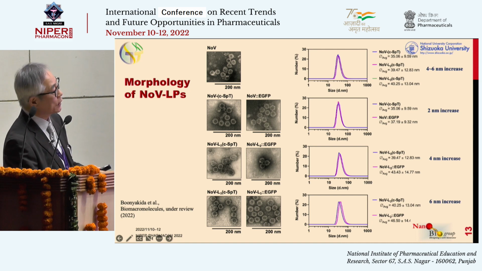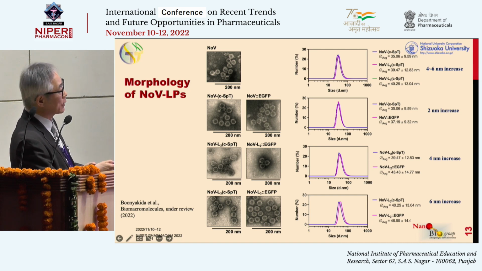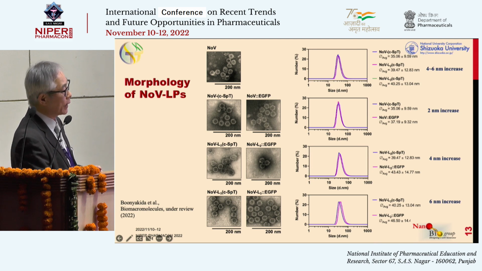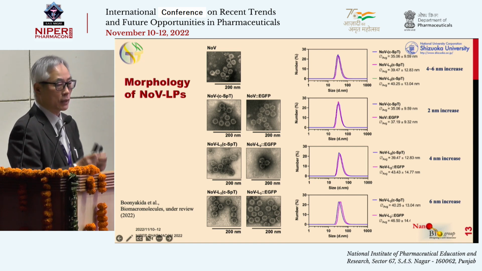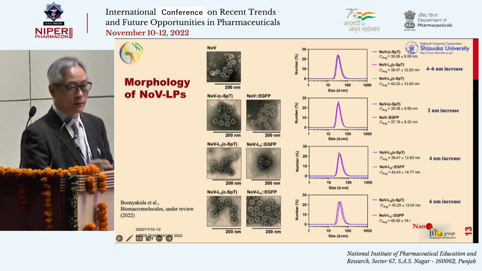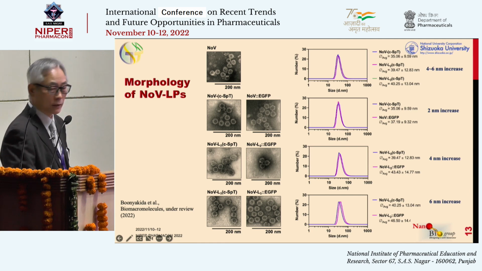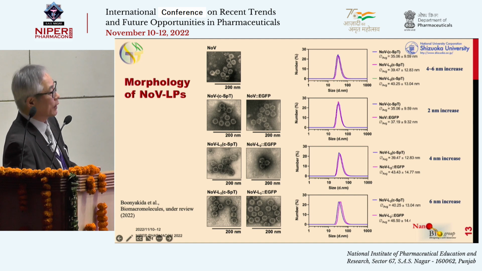And here we conjugated EGFP and the size increased almost 2 nanometers. We added the EGFP here, also 4 nanometers here. If we insert the 3 linkers, a 6 nanometer increase. VLP size increased little by little by adding the EGFP fusion or adding linker 2 or 3.